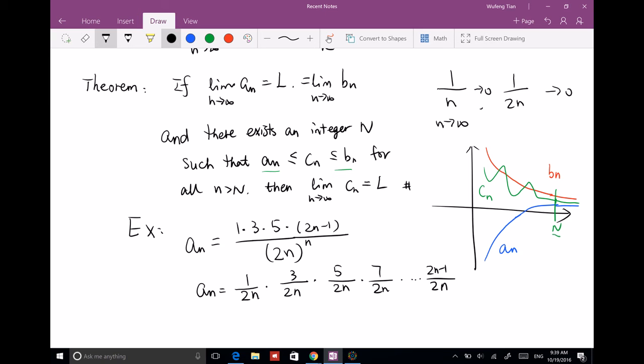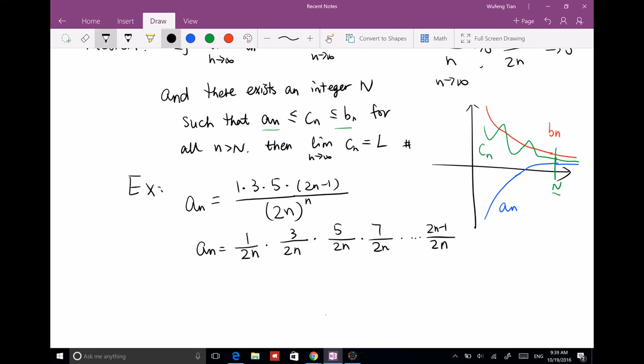Yes? Okay. So now I want to find out what is the limit as n goes to infinity of a_n. Here, n is a positive integer, right?